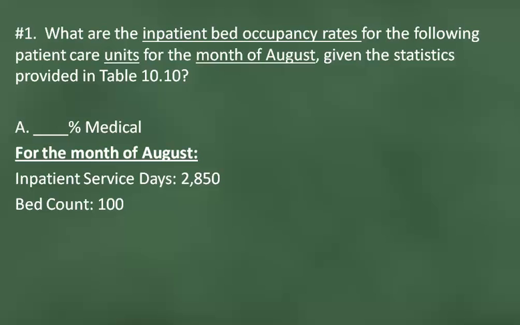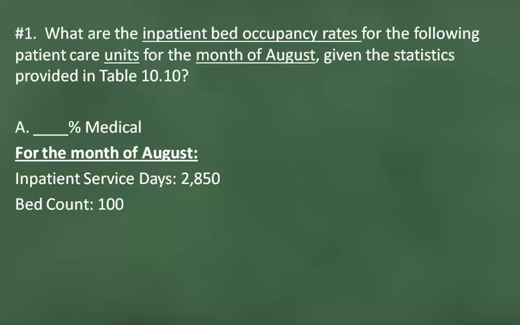If we take that first step and think about, okay, what are we being asked for? We're being asked for the inpatient bed occupancy rates for specific units or sections of the hospital for a specific time frame, the month of August. In the most simple form, inpatient bed occupancy rate is what we're being asked for.